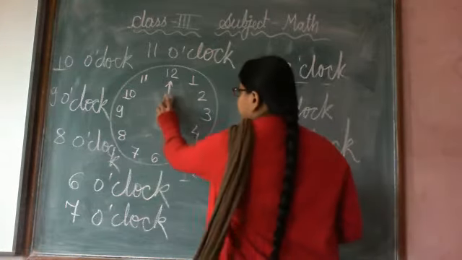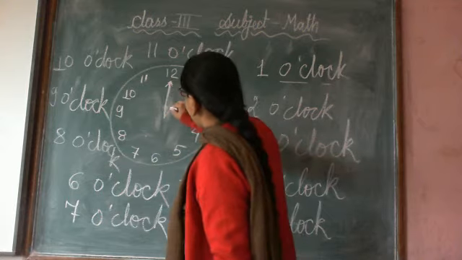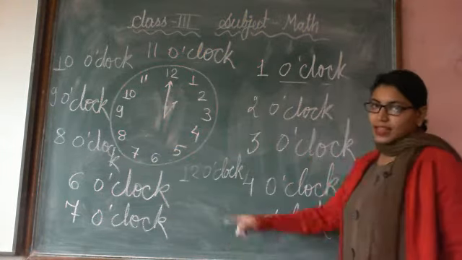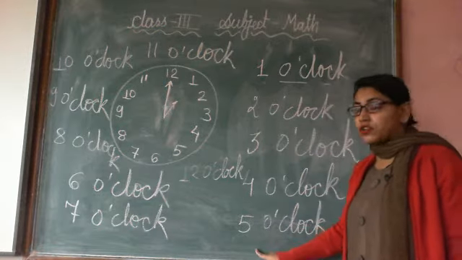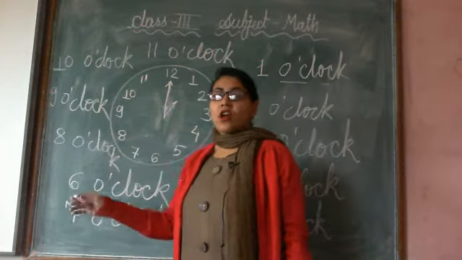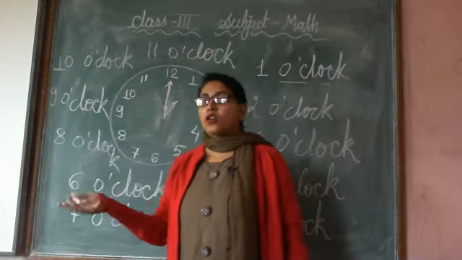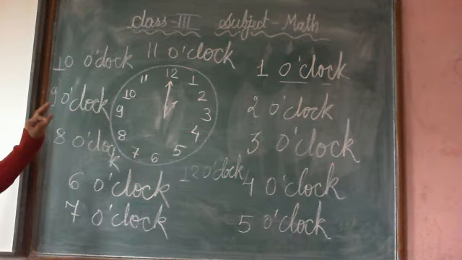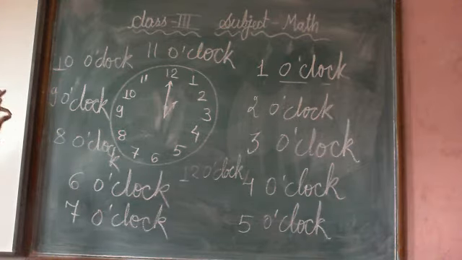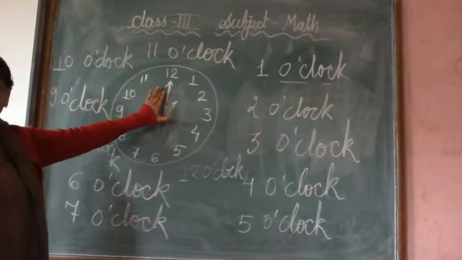Then once again, the hour hand will come to 1. Then the time will be 1 o'clock, 2 o'clock, 3 o'clock, 4 o'clock, 5 o'clock, 6 o'clock, 7 o'clock, 8 o'clock, 9 o'clock, 10 o'clock and 11 o'clock. Now I hope you can read the clock if the minute hand is at 12.